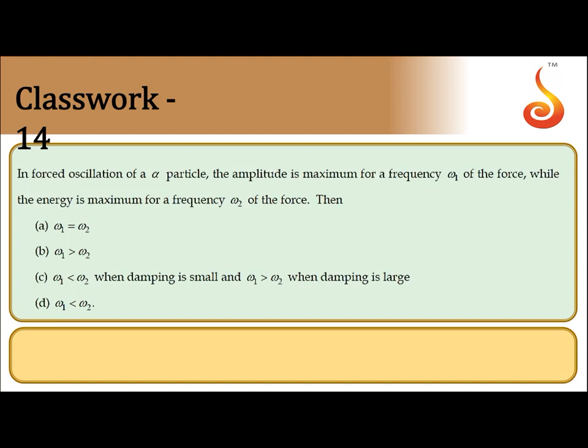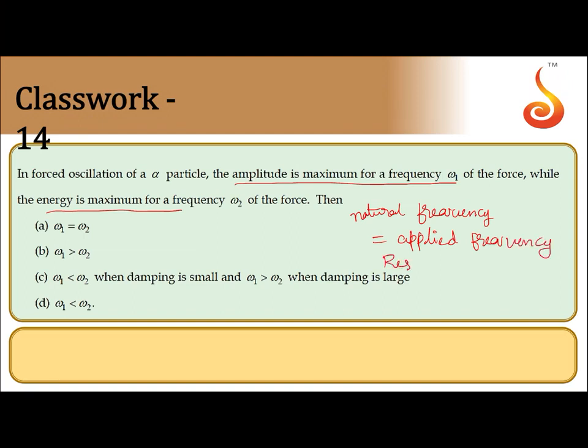So when the amplitude is maximum for frequency omega 1, for same frequency energy should also be maximum. This happens, the amplitude becoming maximum and energy becoming maximum, when the natural frequency of the oscillator matches with the applied frequency of force, and this condition we call as resonance.